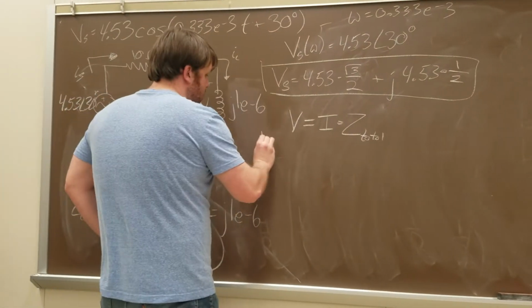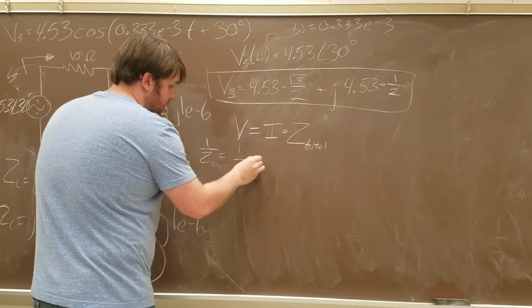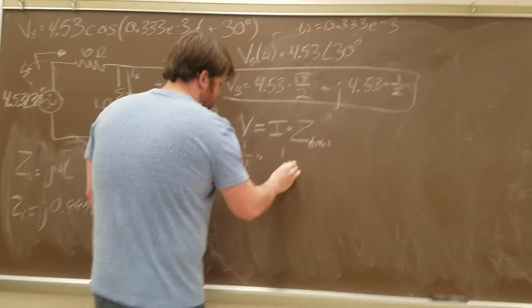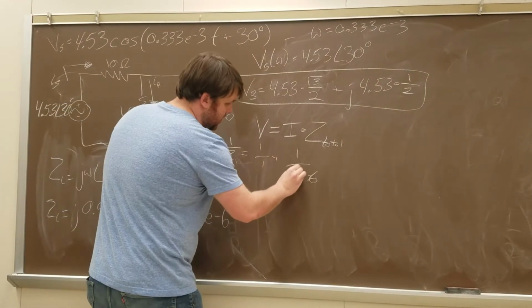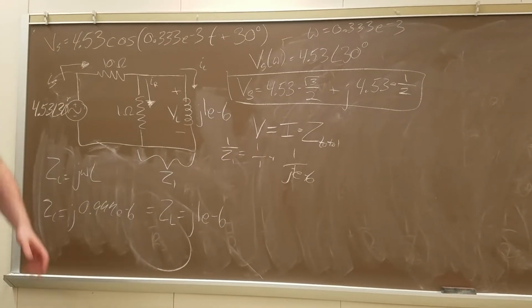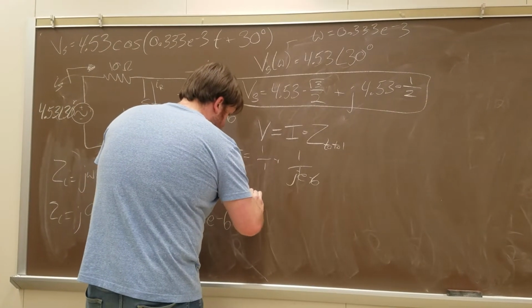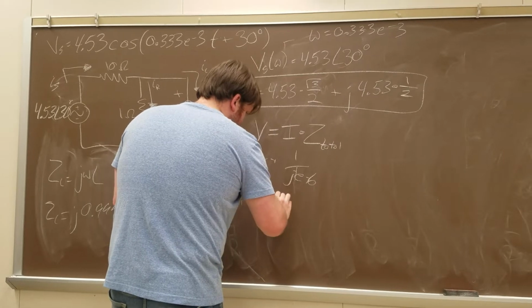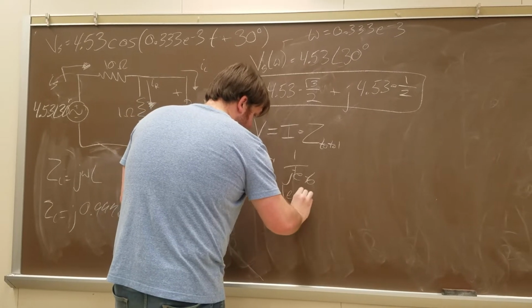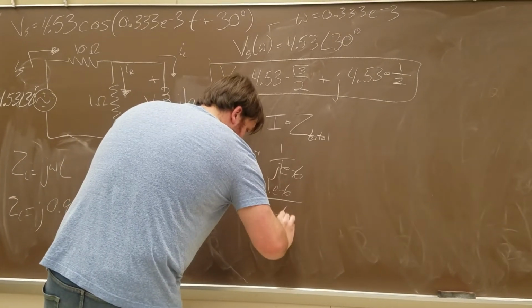So 1 over Z1 is 1 over 1 plus 1 over 6, or J times 1 e negative 6. We're going to combine those together, so 1 over Z1 is equal to 1 plus J times 1 e negative 6 all over J times 1 e negative 6.